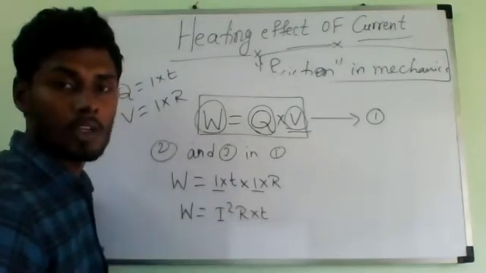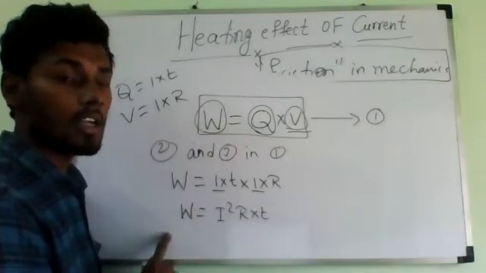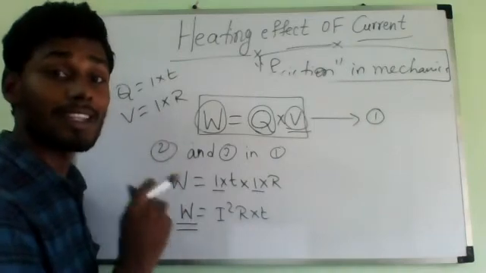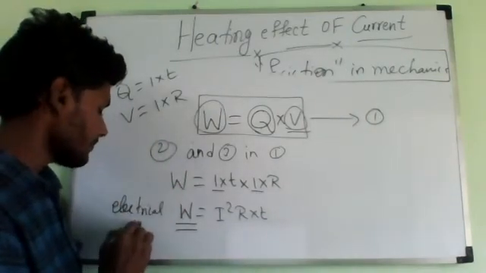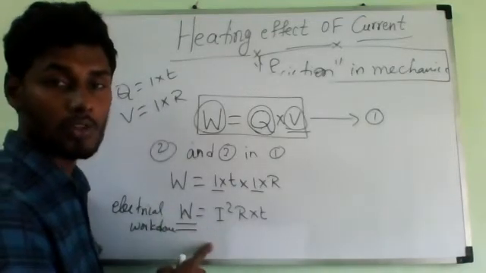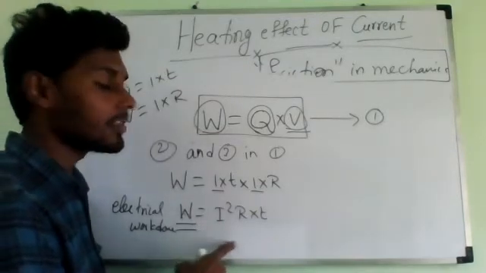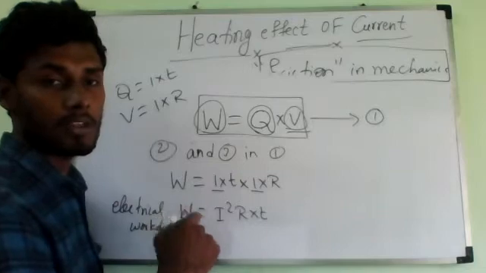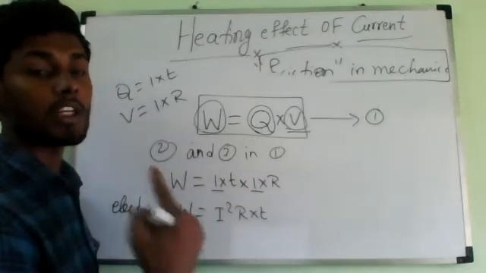That's all. So here the electrical work done W equals I square into R into t. All the electrical energy consumed is converted into heat energy.